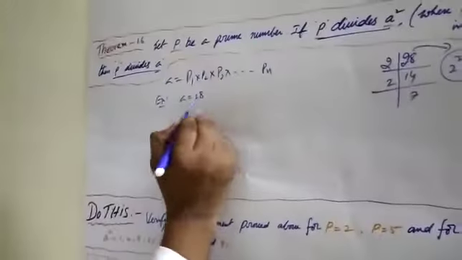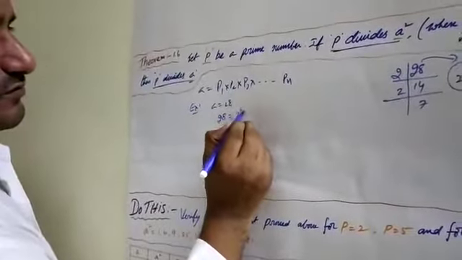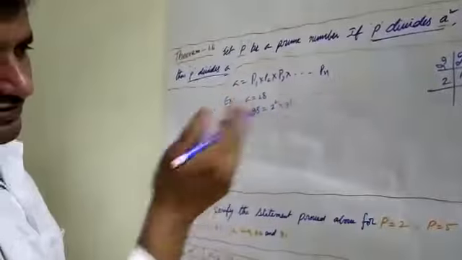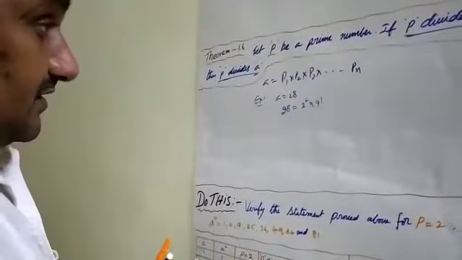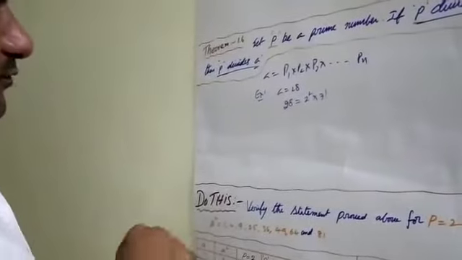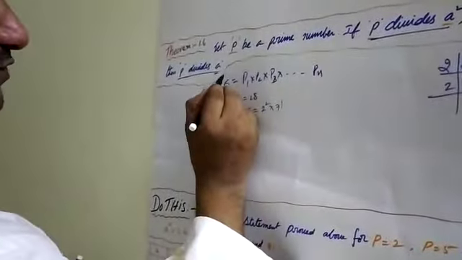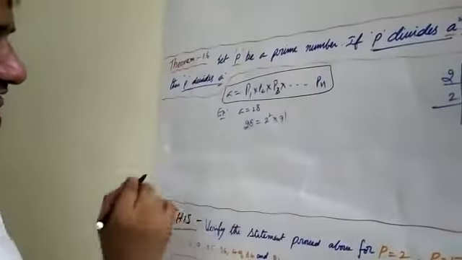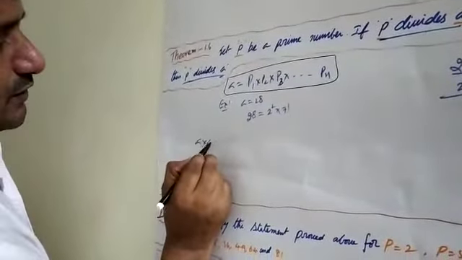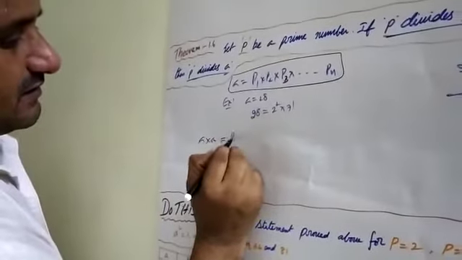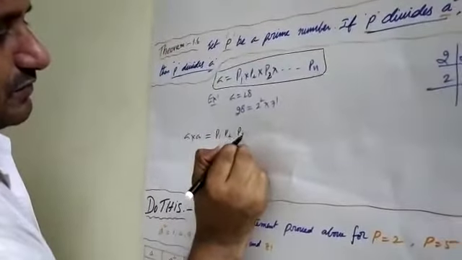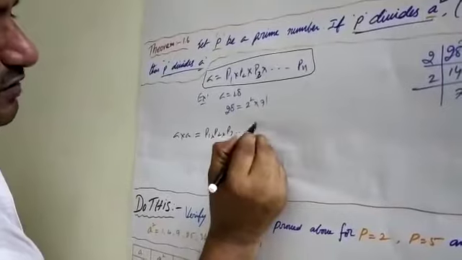For example, let us take A equal to 28. Therefore, 28 is equal to 2 square into 7 power 1. Like this, A is equal to P1 into P2 into P3 up to so on Pn.